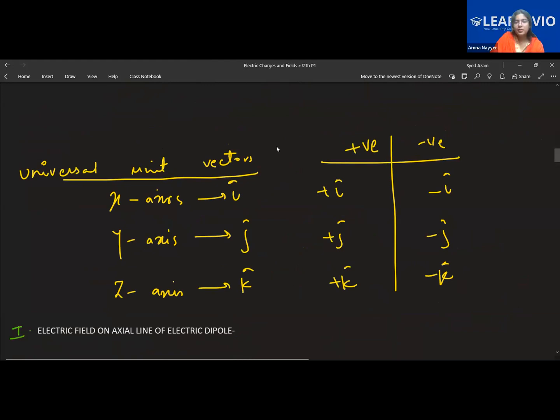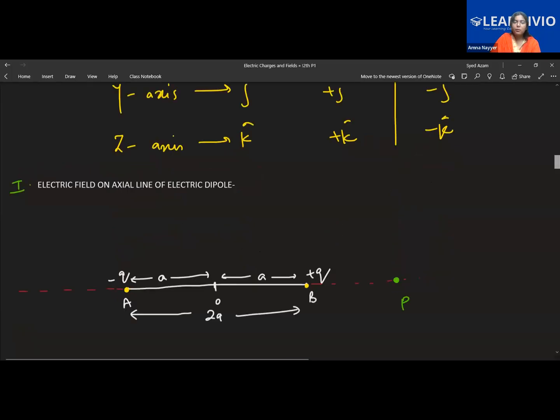See, this is what I was talking about, Shaima. X-axis is i cap for positive, right, plus and negative. Y is j cap, positive, right, plus, y negative. For z-axis we write k cap. So for positive z-axis, write plus k cap, and negative, right, minus k cap. More than this chapter, we'll be using these in the magnetism chapter. Magnetism requires a lot of direction.